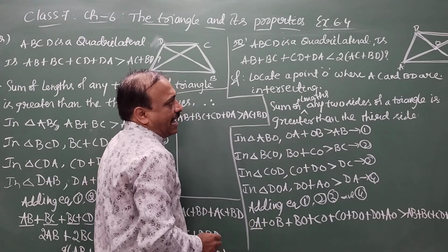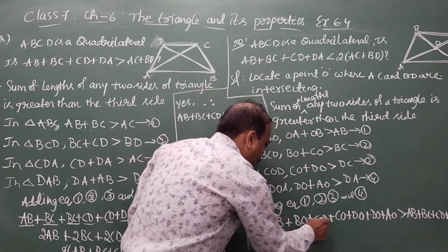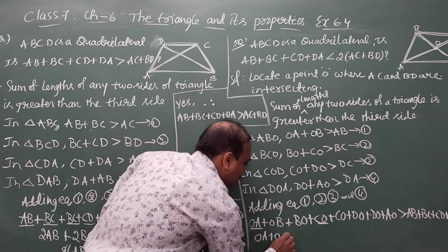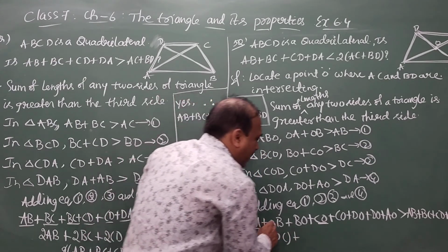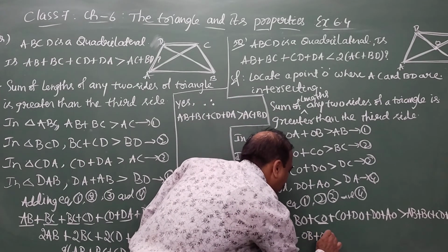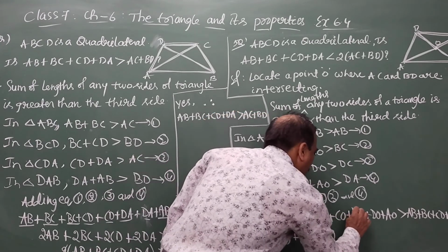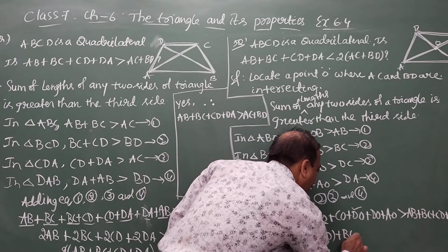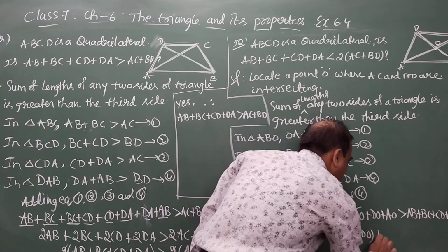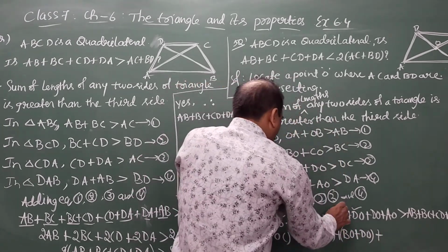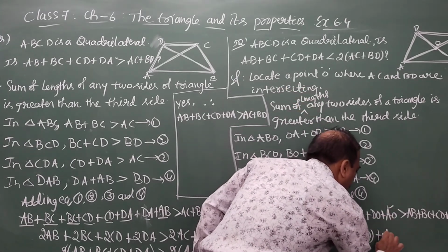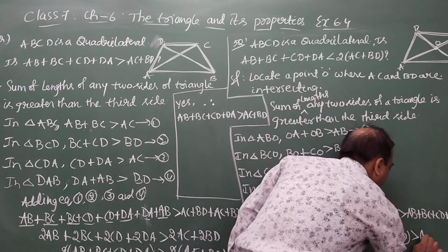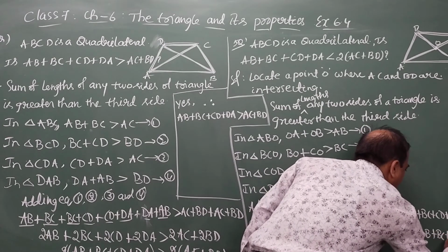Now you see OA and OC: OA plus OC, plus OB plus OD, plus BO plus DO, plus AO plus CO is greater than AB plus BC plus CD plus DA.